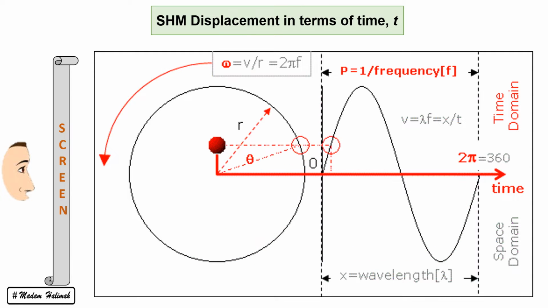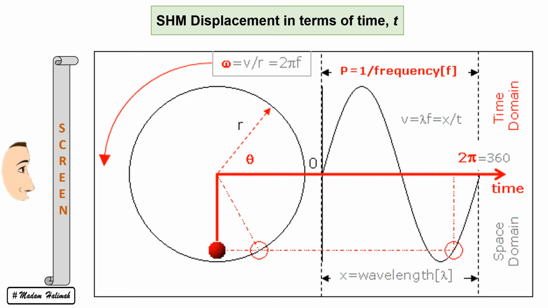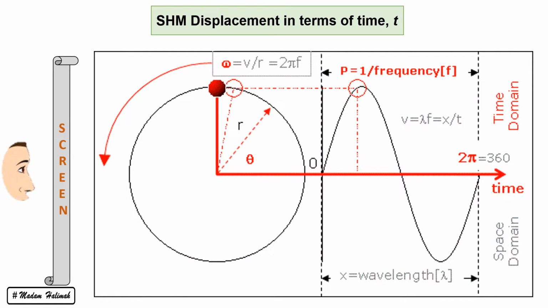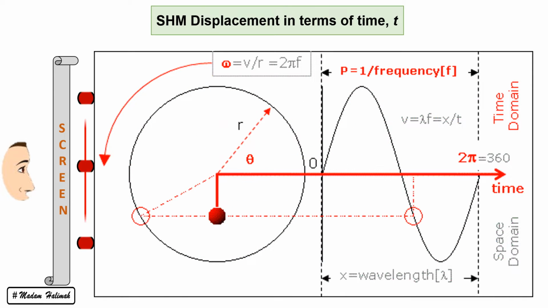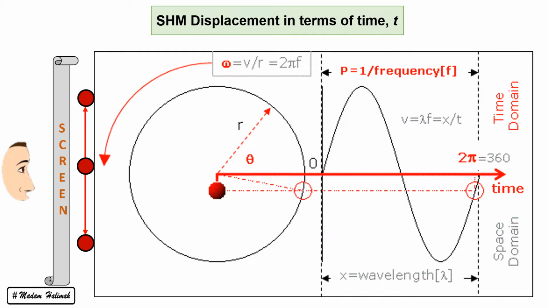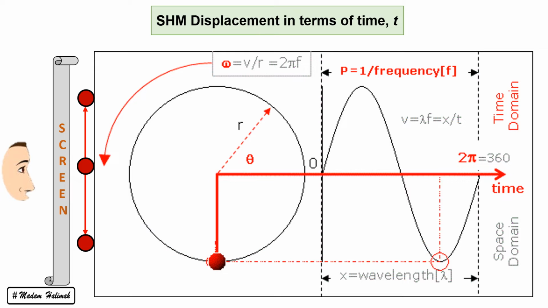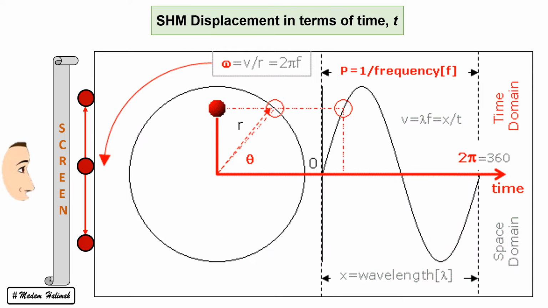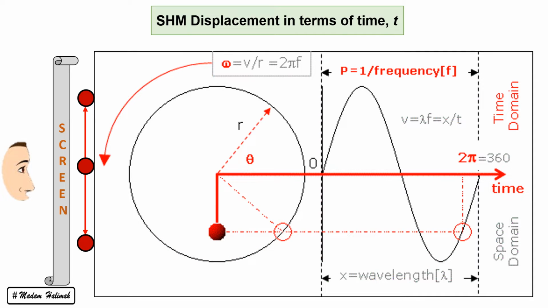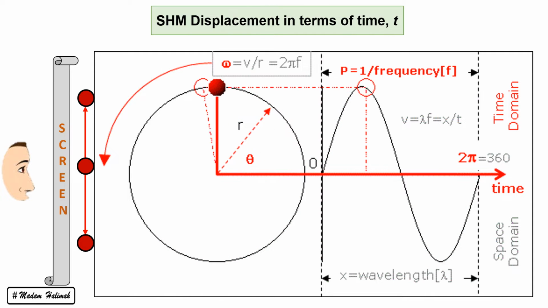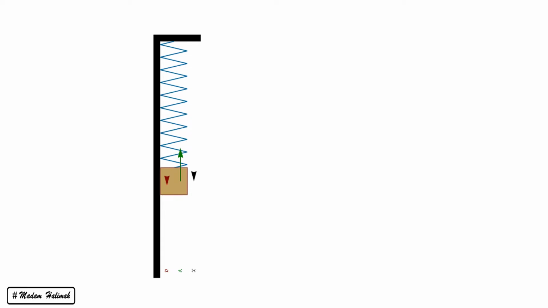Simple harmonic motion displacement in terms of time t. Jadi kita akan menghasilkan graf displacement versus time. Ya, kalau kita lihat di sini melalui skrin kita akan lihat objek bergerak ke atas dan ke bawah melalui laluan yang sama, melalui satu garis lurus pada laluan yang sama, up and down.